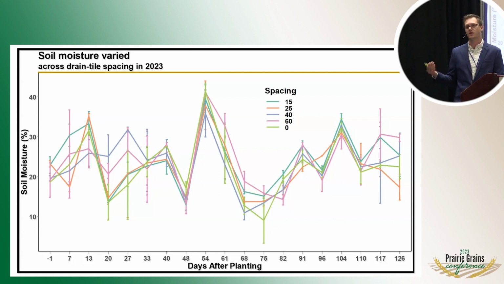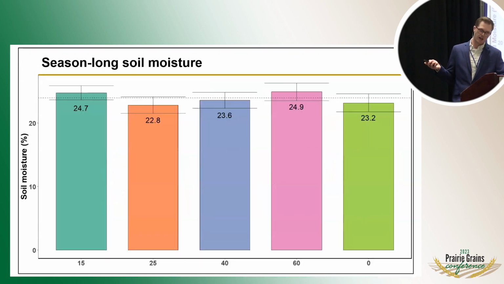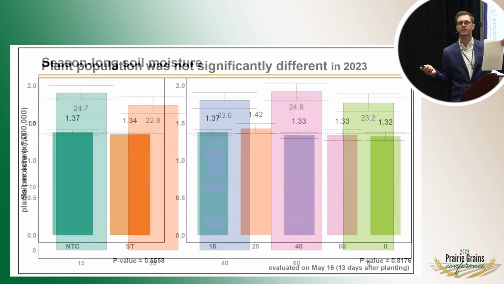Once again, we were very, very dry. I think if we had a season with excessive rainfall, we would really see that difference, decreasing the risk of waterlogged soils and flooding on the top part of the soil. And when you average all that season-long soil moisture, we don't necessarily see a difference between those drain spacings, at least here in 2023.